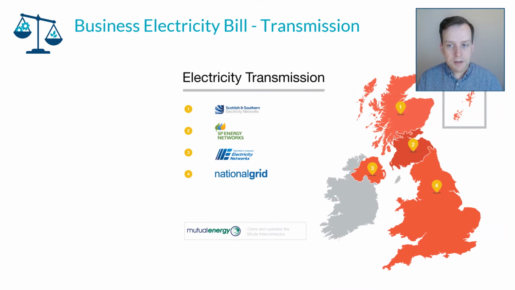For the transmission system, as mentioned before, National Grid has oversight of the entire British grid in terms of energy dispatch, but on an operational level, in Scotland we also have Scottish and Southern and Scottish Power Energy Networks that look after the operation of the transmission system.